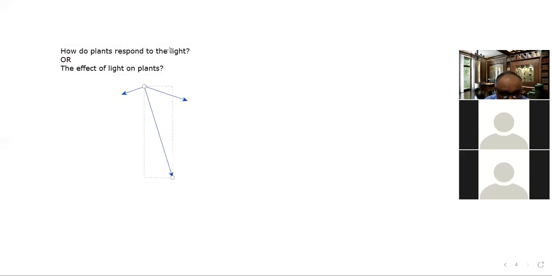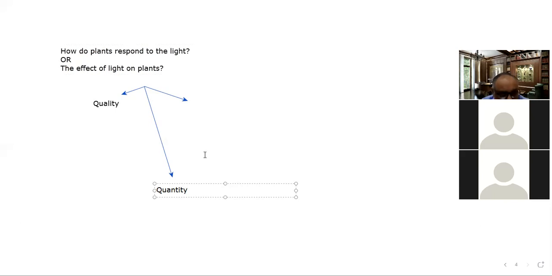So one point is the quality of light which is coming. The second point is the quantity of light that is coming.